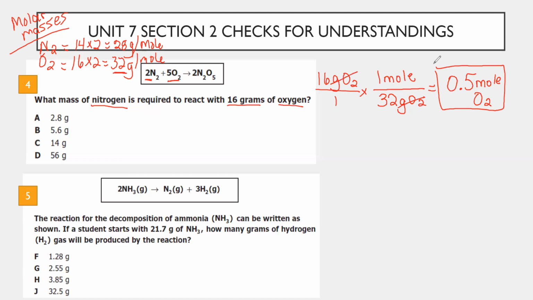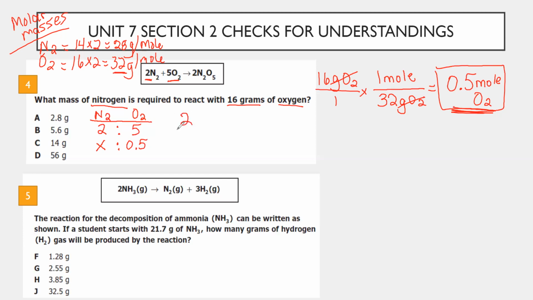Let's take a look at our ratios. All right, we're looking at nitrogen and we're looking at oxygen. Normally we have 2 of those to every 5 oxygens. They want to know the mass of nitrogen, so we don't know the number of moles that will react yet with, and we just said how many moles we had, 0.5.